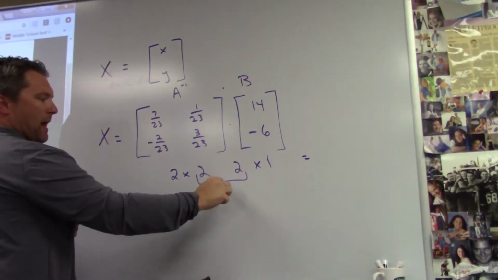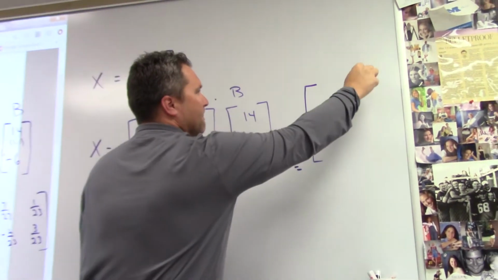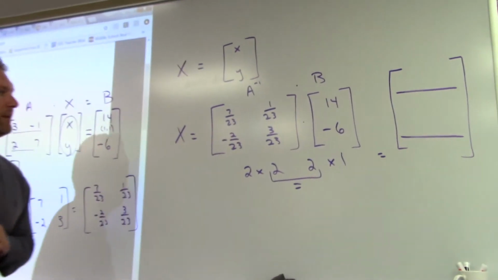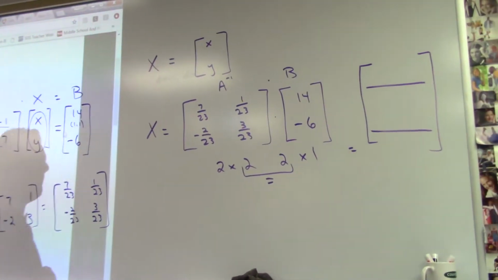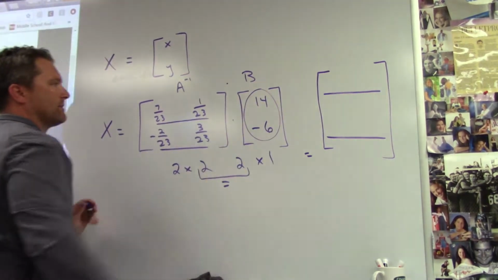We can multiply because those are equal, and we're going to get a 2 by 1 back. When we multiply, we take the rows of the first term times the column of the second term.